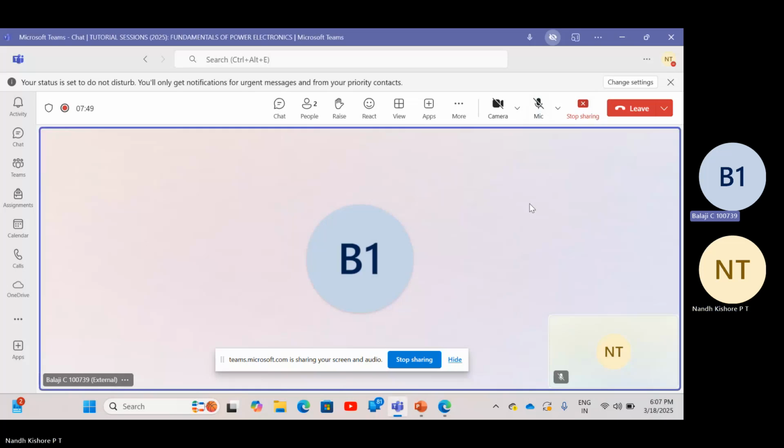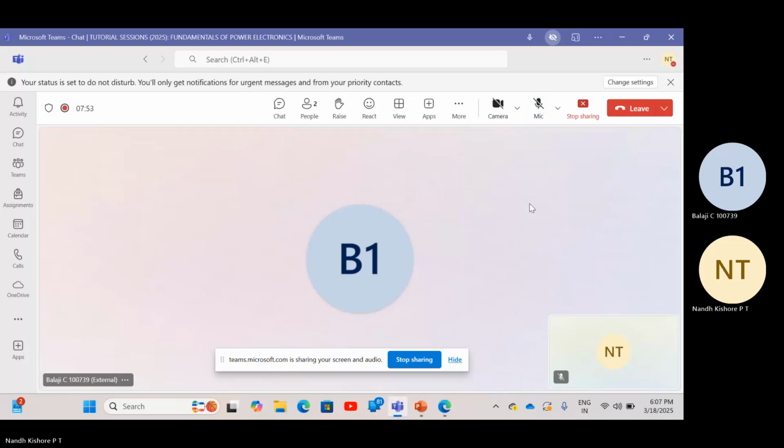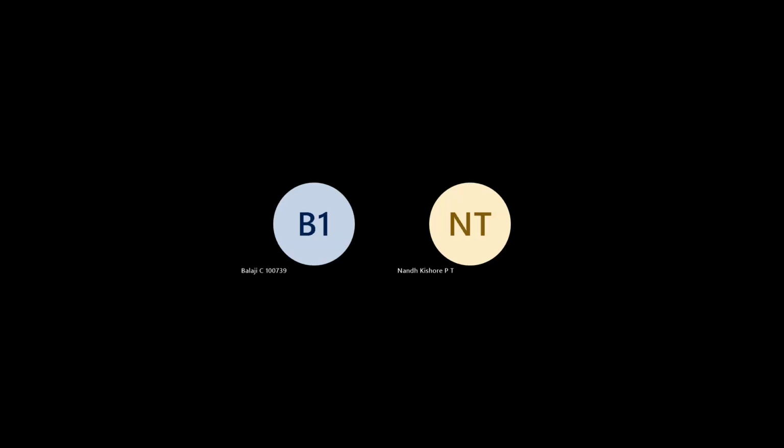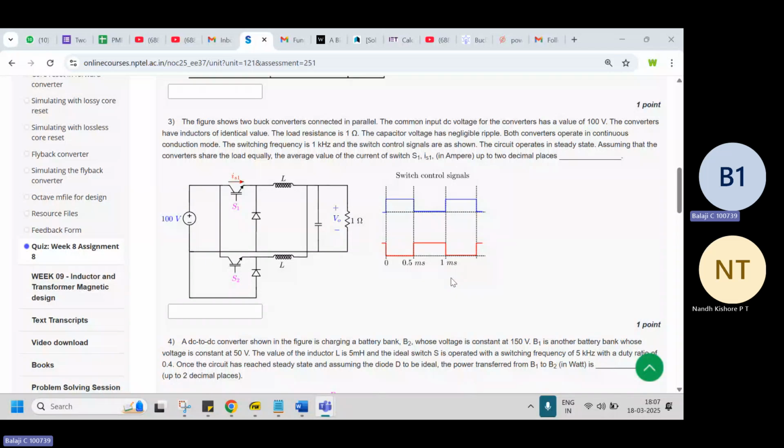Your screen is blank. Okay, now it's visible. Go ahead.